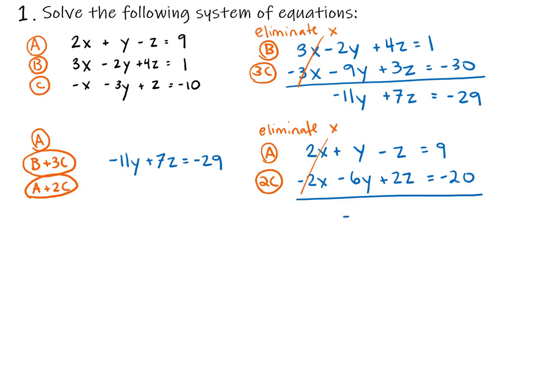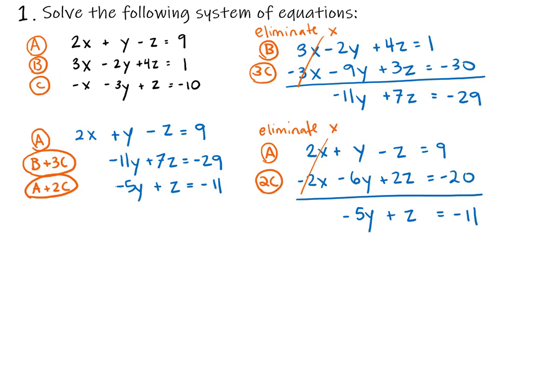I end up with negative 5y plus z is equal to negative 11. Let's write that here: negative 5y plus z is equal to negative 11. Oh, and we haven't written our first equation, so let's write that in. We get 2x plus y minus z is equal to 9.